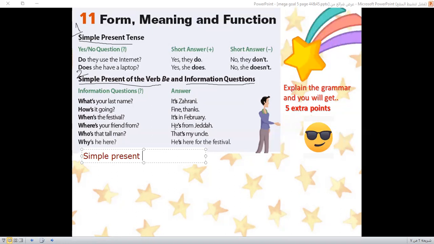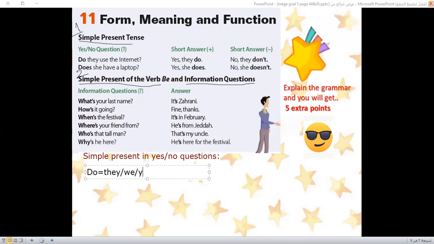So I have the simple present in yes or no questions. Okay. How am I going to form them? If I use do, then first I should know that I use do with what? With they, we, you, and I. Okay.